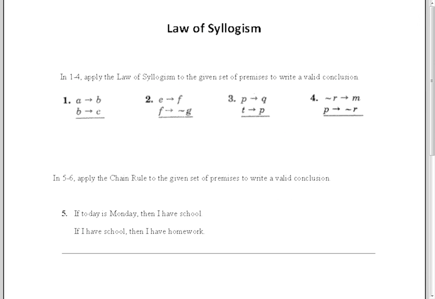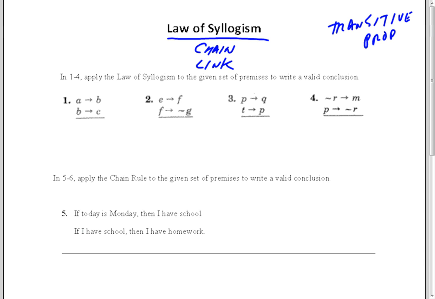Next page. We're talking law of syllogism, which should make you think of chain rule, which makes you think of a link, and in the back of your mind you're thinking to yourself, this is just transitive property in a different form. Look for a link. Link, link, link from a conclusion to a hypothesis, link.